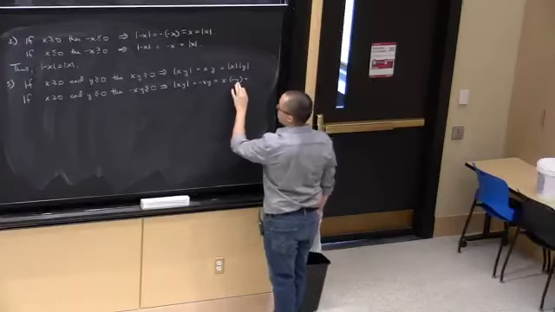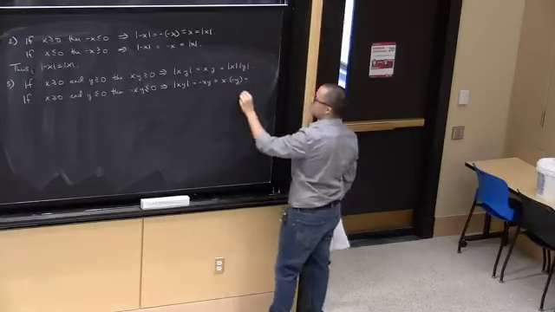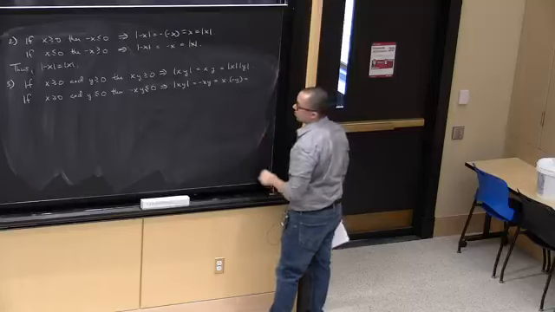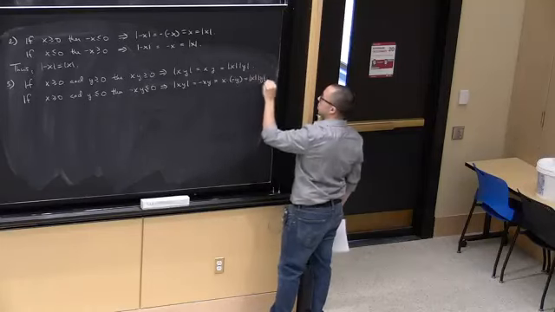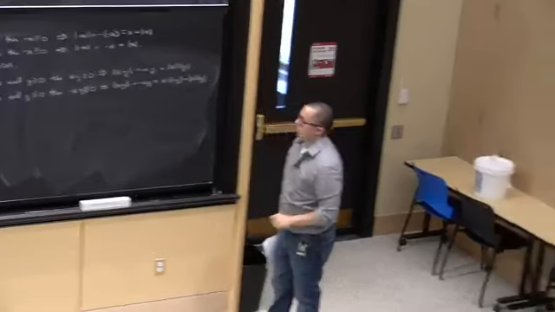And since y is negative, minus y is equal to its absolute value. And since x is non-negative, x is equal to its absolute value. So this is equal to that. Okay?